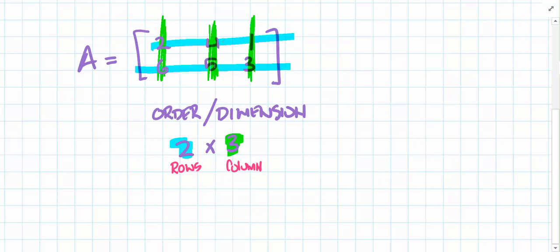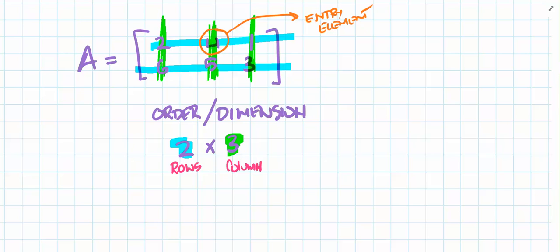Now, what else is interesting to note is how we actually talk about these. This that I just circled is the number 4, obviously. But more importantly, it is an entry, or an element. I think the book uses both. Matrices are made up of elements in an array of numbers.